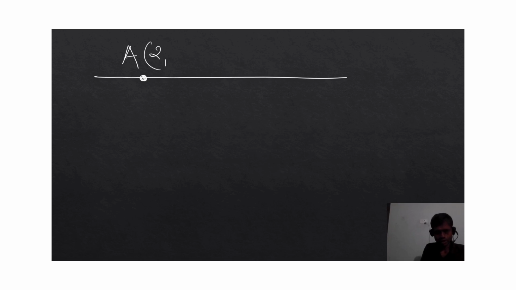Let us take any 2 points on a straight line. Suppose the points are A 2, 9 and B 6, 9. If you see carefully, the x coordinate of point A is 2 and the y coordinate of point A is 9.